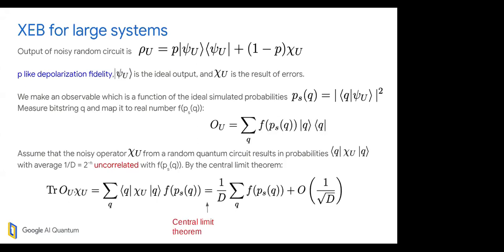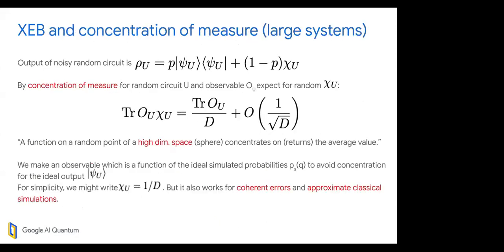Because we're just looking at the expectation value, the number of terms in this sum is all the bit strings, so the dimension of Hilbert space. What this means is that the expected value of our estimator applied to the noise chi does not depend on the details of the noise. It's just the average value. That's what allows us to forget about the noise. We don't need to know the details about the noise to extract the value of the fidelity.